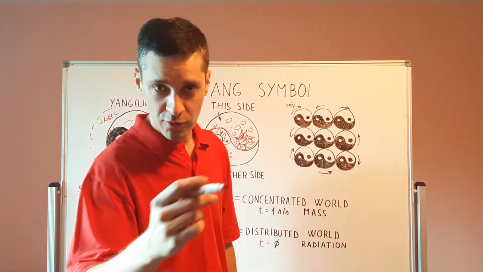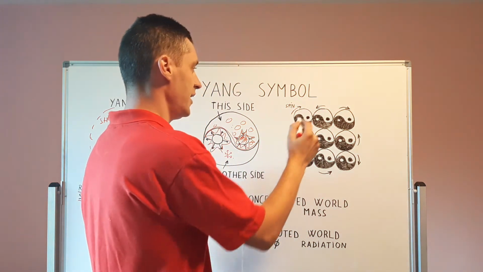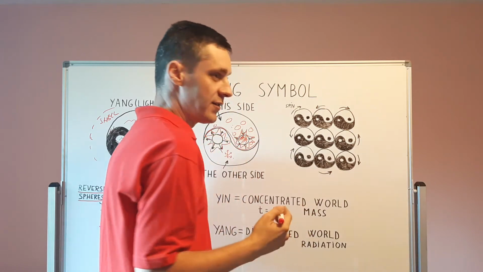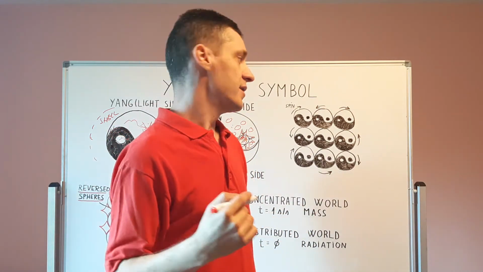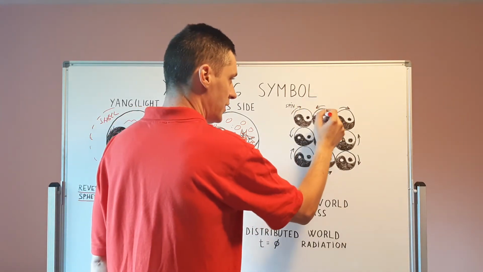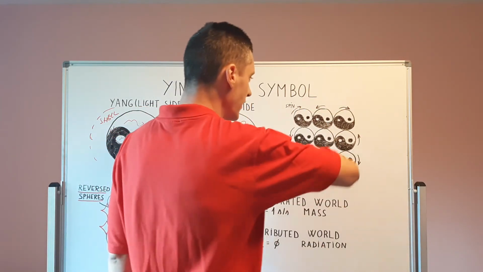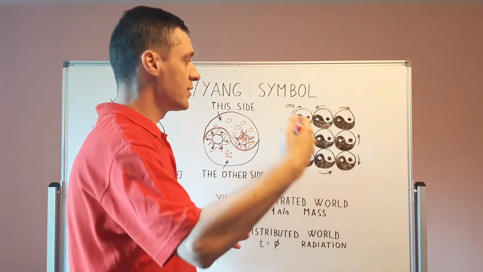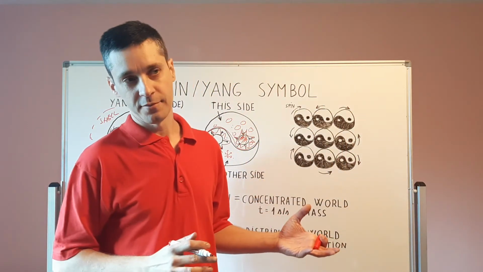Let's apply this to the subatomic level. If at subatomic level everything is also curved, and like I said, the universe is made of tiny little spheres of space, mass can be only here and radiation only here. If I give it a spin, all these raindrops will somehow slide over each other.